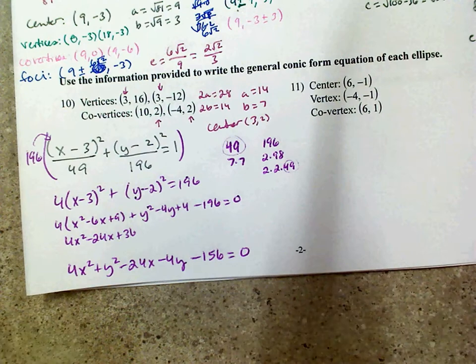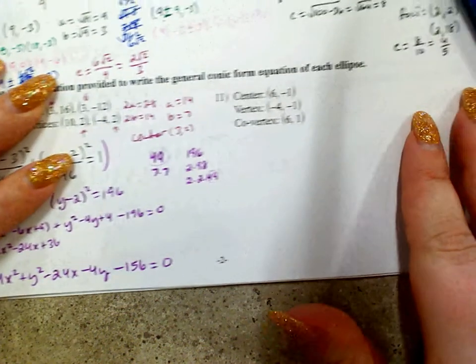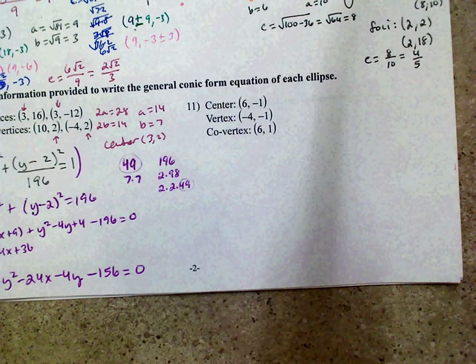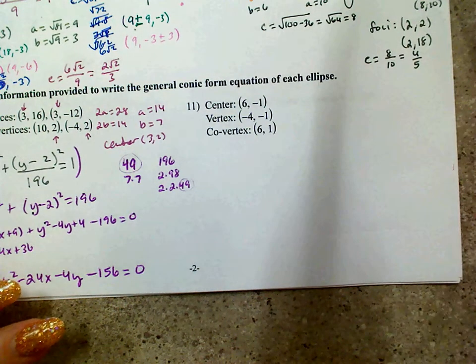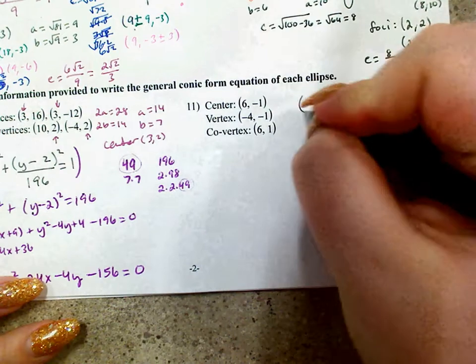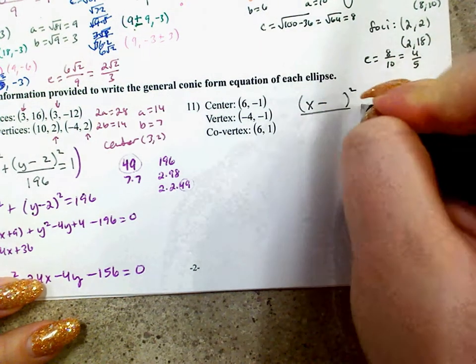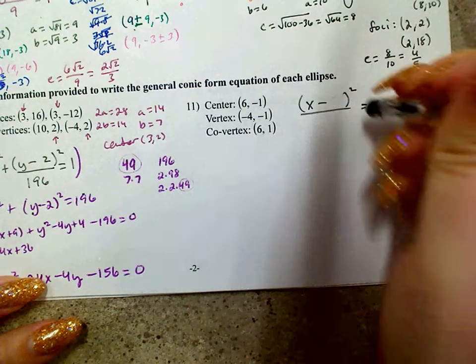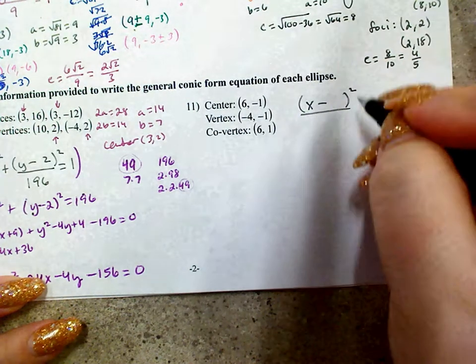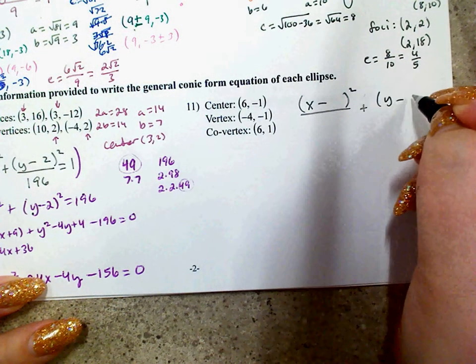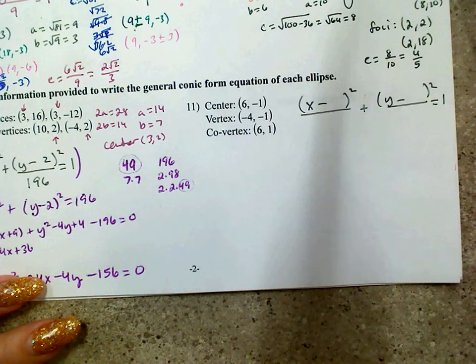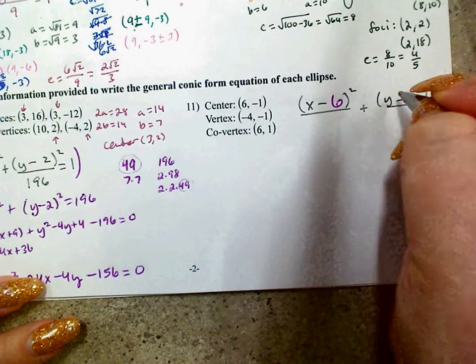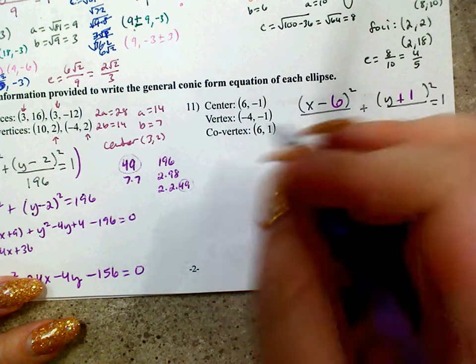Alright. Number 11. I know the center is at (6, -1), so x minus 6, y plus 1. I know that my major vertex is (-4, -1).